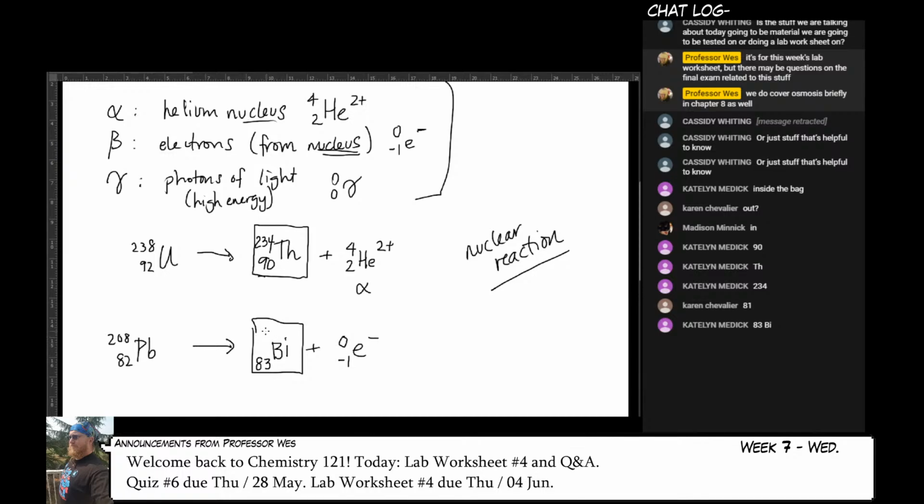And then finally, what number do I put up here for the mass number? Because this was 208, and then this is 0, so what happened here? What number goes in the mass number for my bismuth?